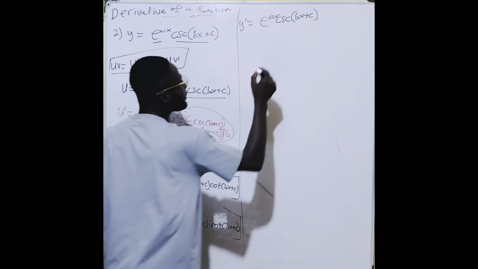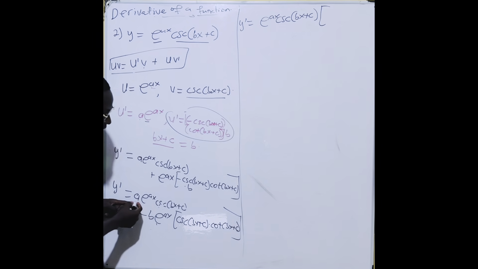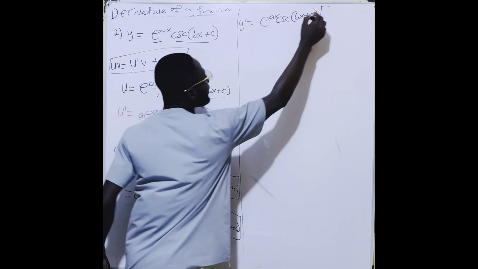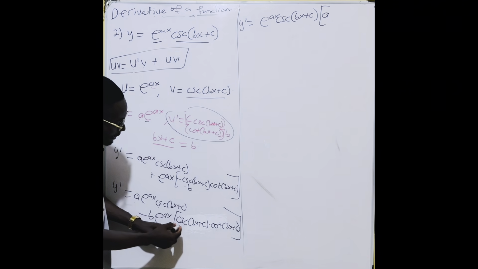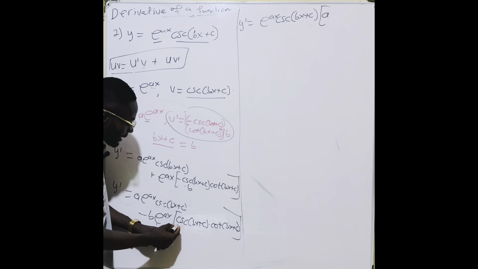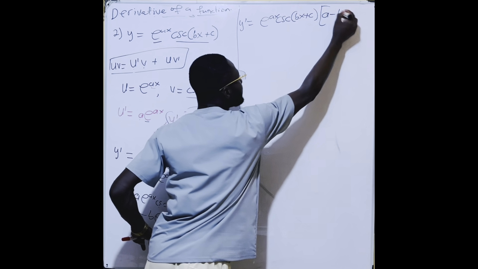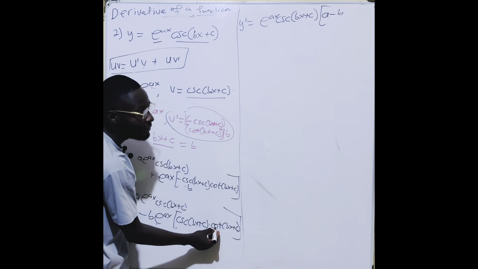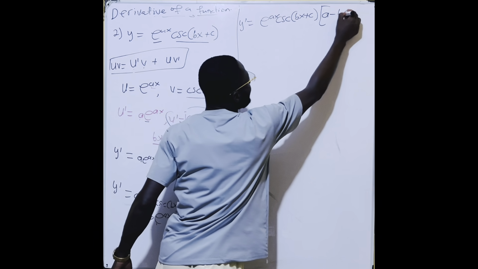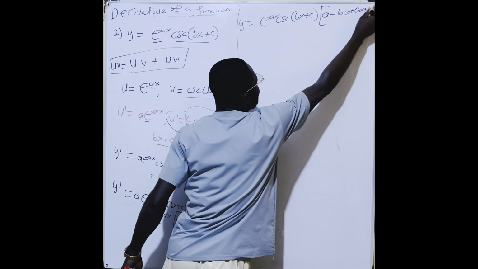So it means that what is left for the first term is only a. So we have a here. Then what is left for the second term is going to be minus b cot into bx plus c. So we have cot into bx plus c.